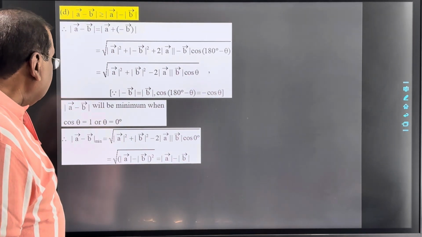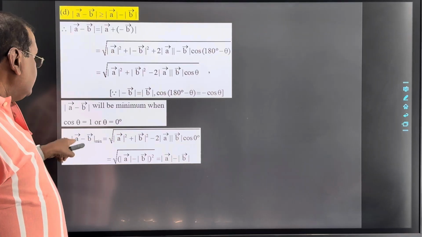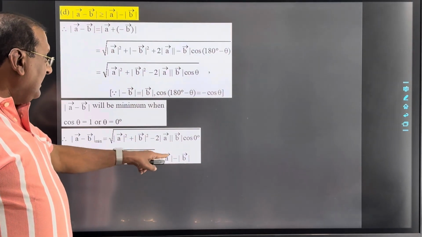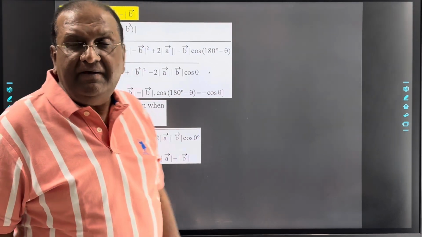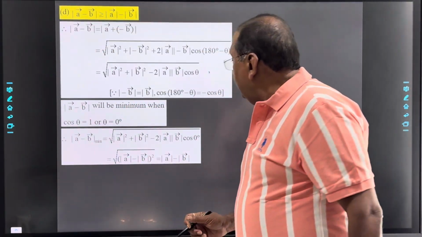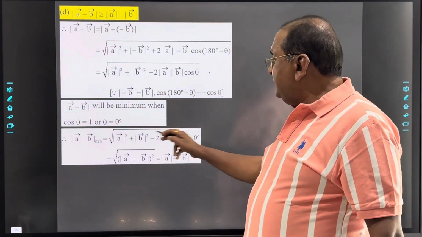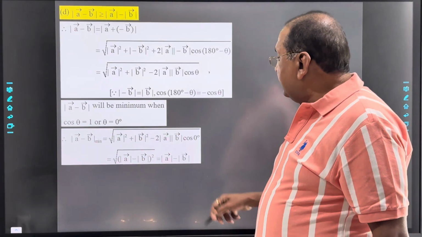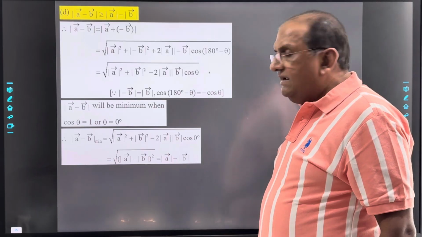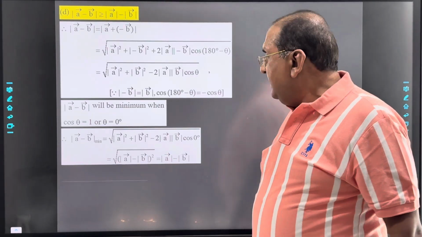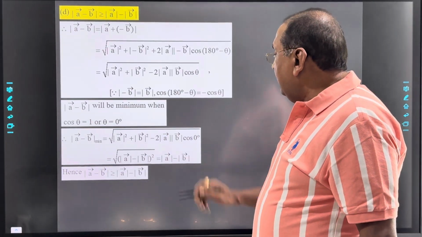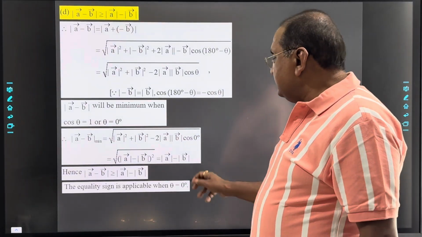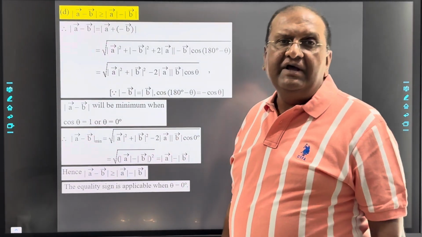It implies that the minimum possible value of magnitude A minus B is magnitude A minus magnitude B, so for any other value of theta, magnitude A minus B will be greater than magnitude A minus magnitude B. And here the equality sign is applicable for theta equal to 0. Clear to all of you?